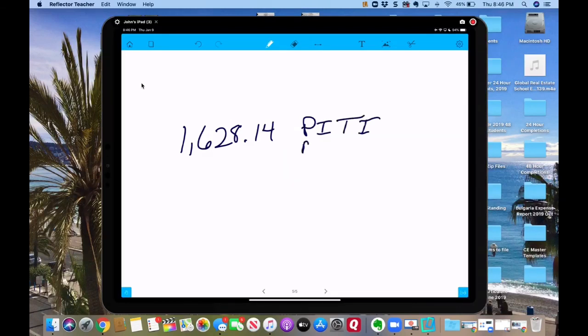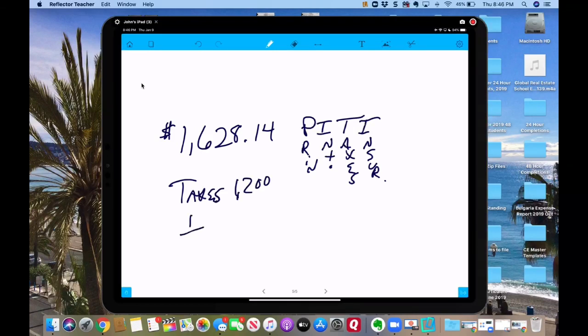This stands for principal, interest, taxes, and insurance. Well, they will tell you taxes are $1,200. And for simplicity's sake, I'm going to say insurance is $1,200. They won't be that easy on the test.